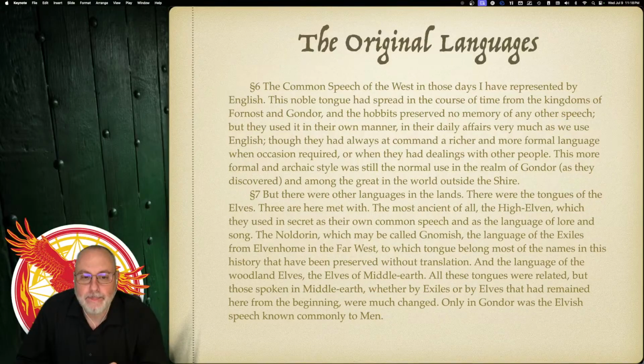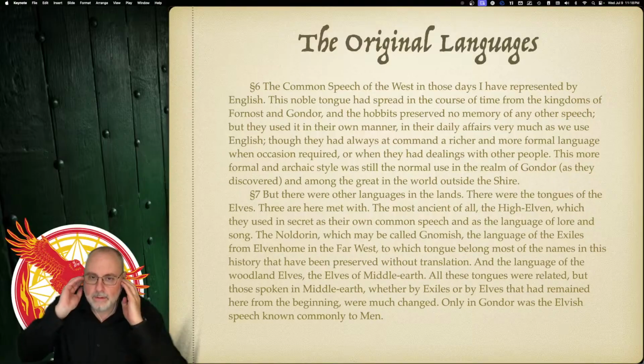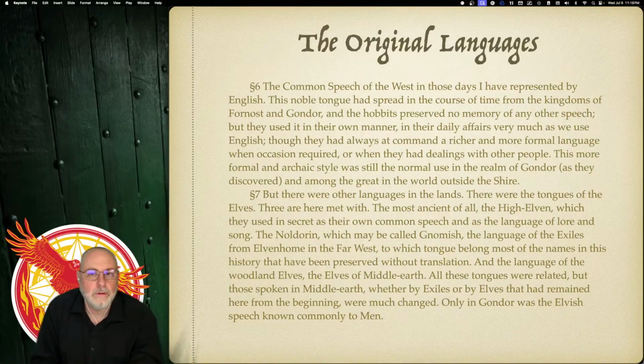Okay. So what was the first language again then? High Elven, which the High Elves, presumably, used in secret as their own common speech and as the language of lore and song. In fact, do you see what this seems to map onto? The three kindreds, right? The High Elves. Who are the High Elves? The Vanyar are the High Elves.